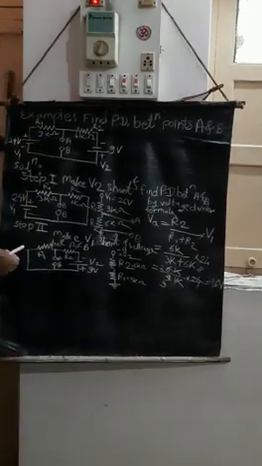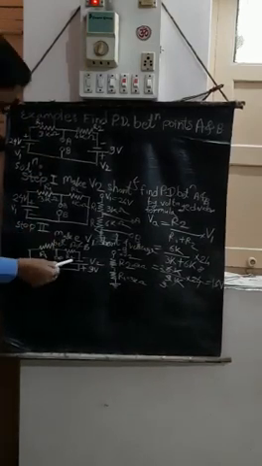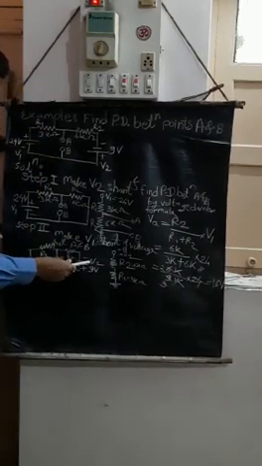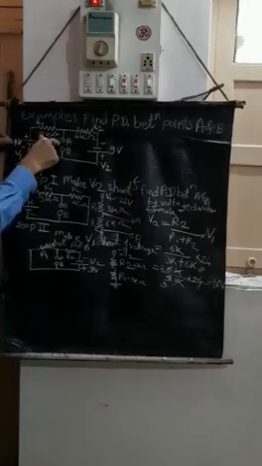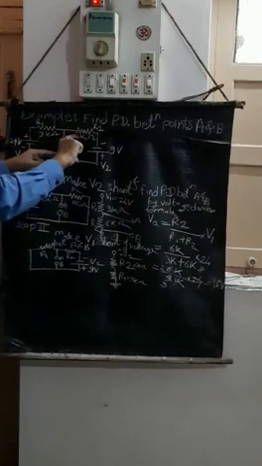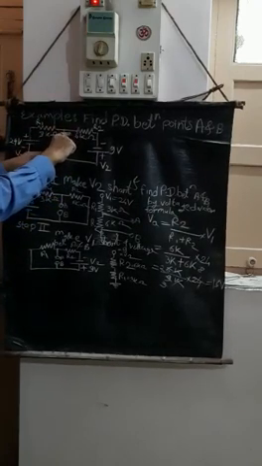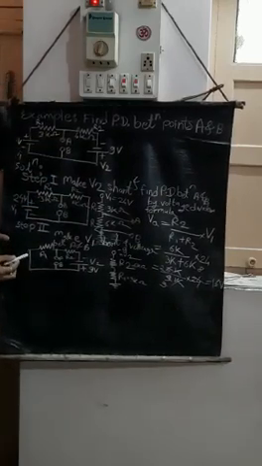Now we will short this first voltage source V1 and connect this V2 source in the circuit. So we will short this voltage source and get the voltage across this R1, VAB.